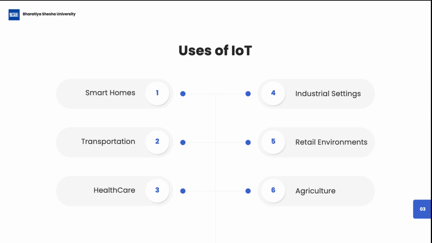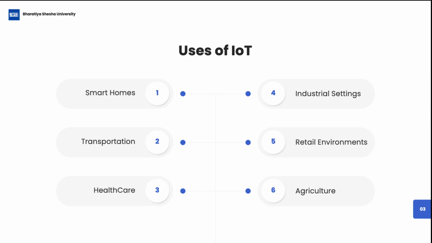Smart cities use IoT devices, and thus transportation and industrial settings can also be managed with IoT devices. Traffic management, like optimizing traffic flow and reducing congestion, is all possible with IoT devices.